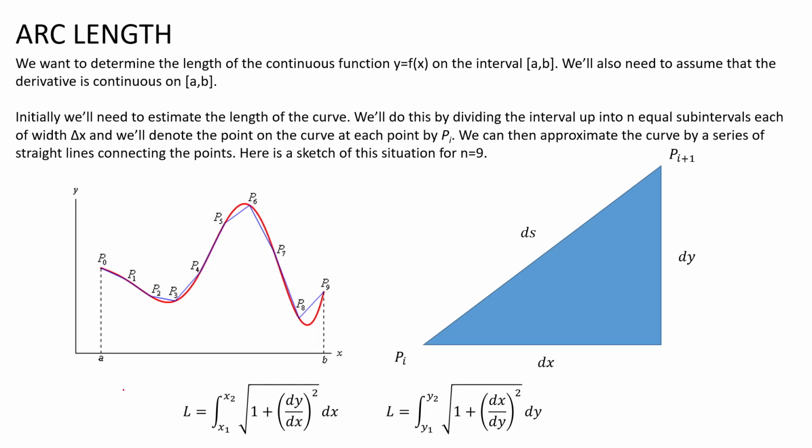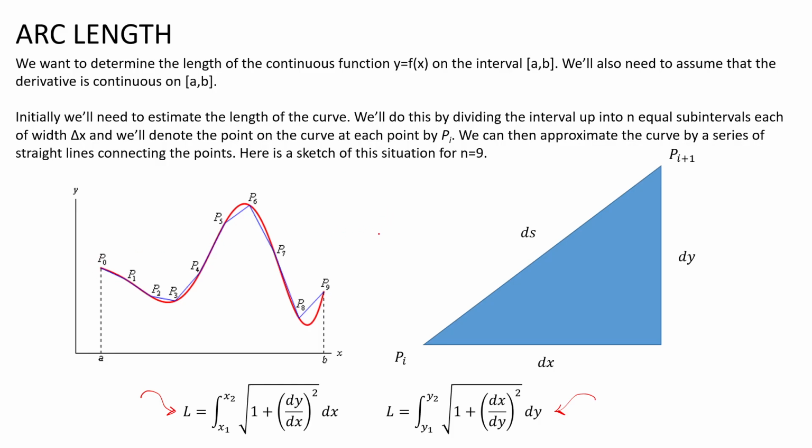So the length, if you're going to analyze it in terms of dx, you're going to integrate with respect to dx. So this will be the formula on the left side. And if you're going to integrate using the y variable, this will be the formula. The formula was derived using the concept of the Pythagorean theorem.